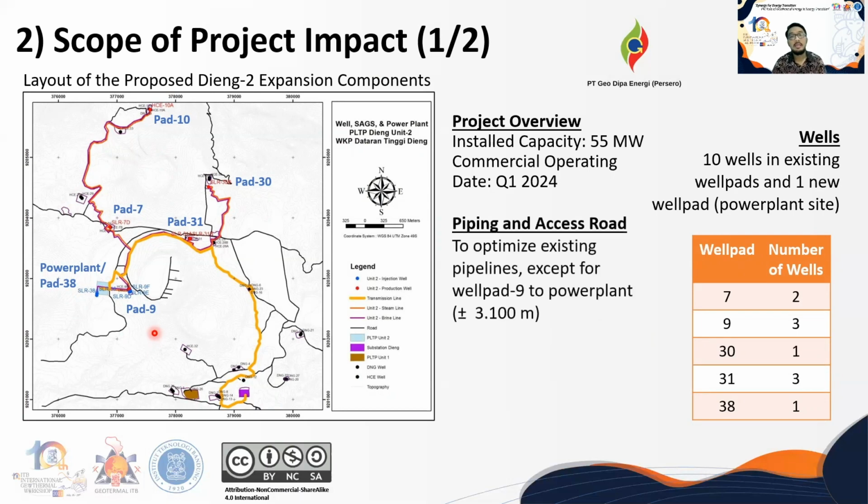For the piping and access road, Geodipa will optimize its existing pipeline routes, except for connecting well pad 9 to the power plant. There will be an addition of about 3,100 meters of new pipelines, once again, to connect well pad 9 to the power plant site.